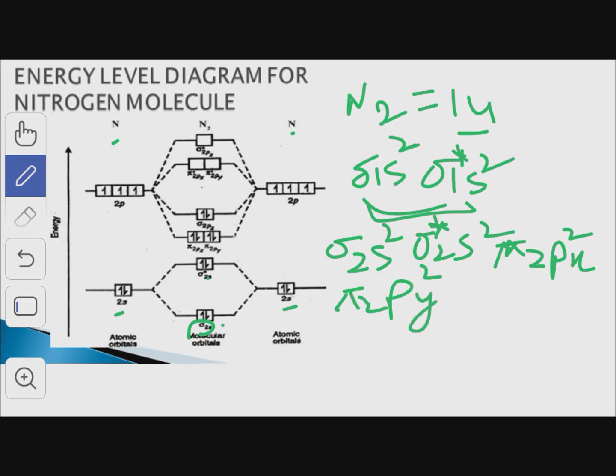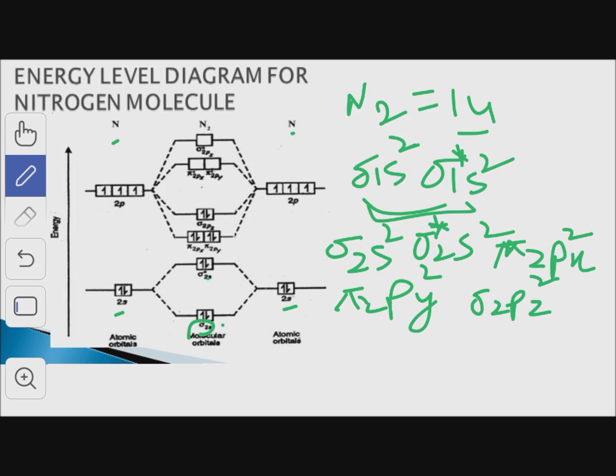These are the p orbitals, and sigma 2pz2. In this case, sigma 2pz is above the pi 2px and pi 2py.